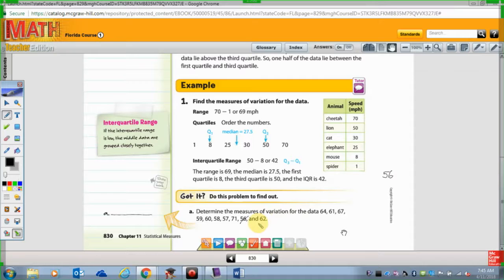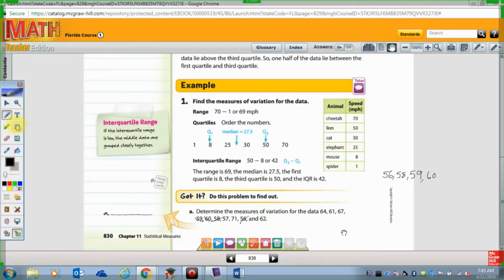So 56, what's the next highest one? It's going to be 58. Then 59. 60. Oh, I missed out 57.